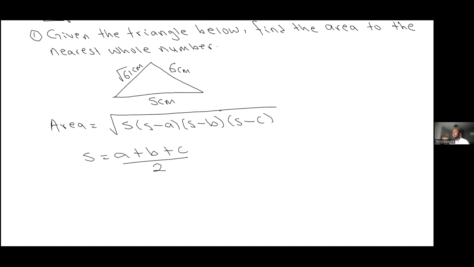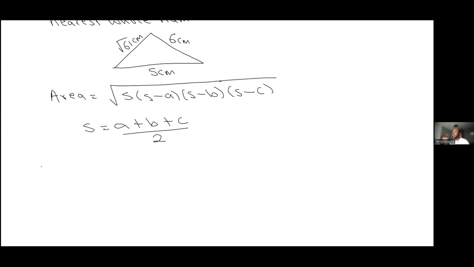So S is going to be equal to... let us label some things so it's easy. Let's make A to be 6. In this diagram, let's make B to be 5.